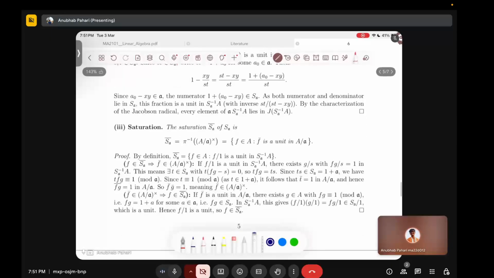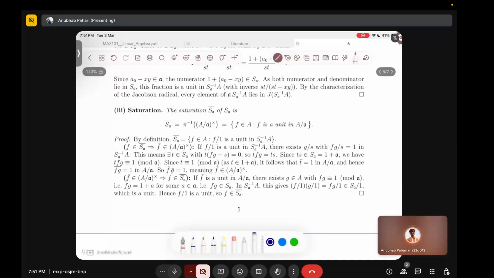Now for part 3, which is saturation. The saturation of S_A, S_A bar, is pi inverse of (A/a) cross, which equals the set of f in A such that f bar is a unit in A/a. By definition, the saturation is the set of f in A where f/1 is a unit in S_A inverse A. If f/1 is a unit in S_A inverse A, there exists g/s with fg/s equal to 1 in S_A inverse A. This means there exists t of S_A with t(fg minus s) equals 0, and so tfg equals ts.